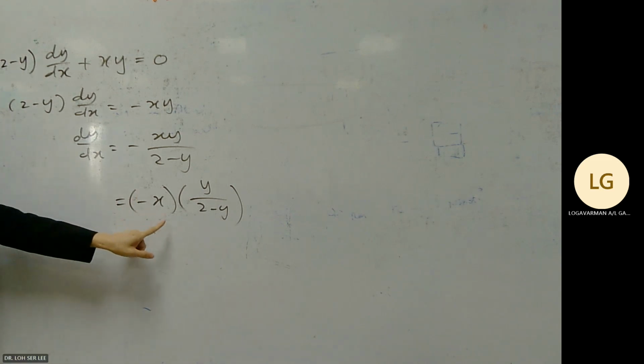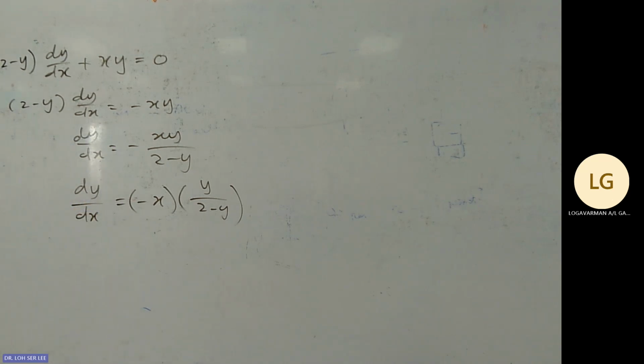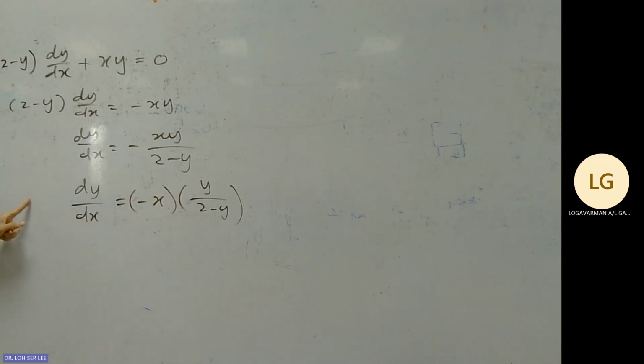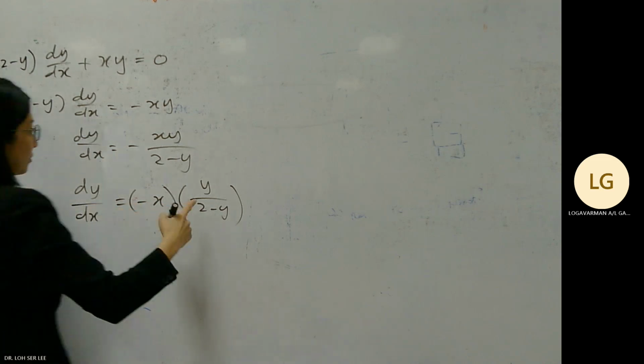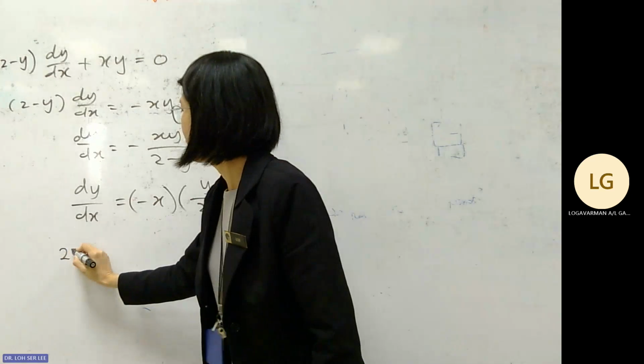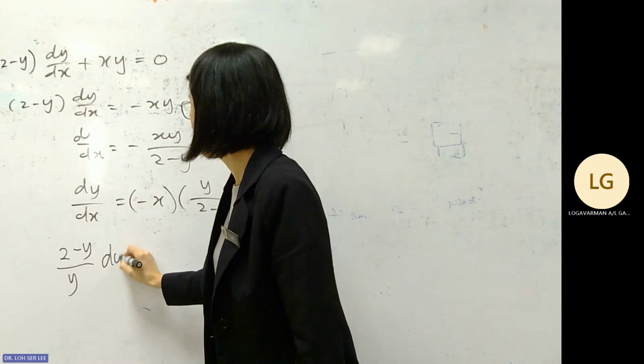Okay, since this is separable, next what we do is move all the y to the left and all the x to the right, so that all y is on the left and all x is on the right. When you move to the left, you have 2 minus y over y, dy.